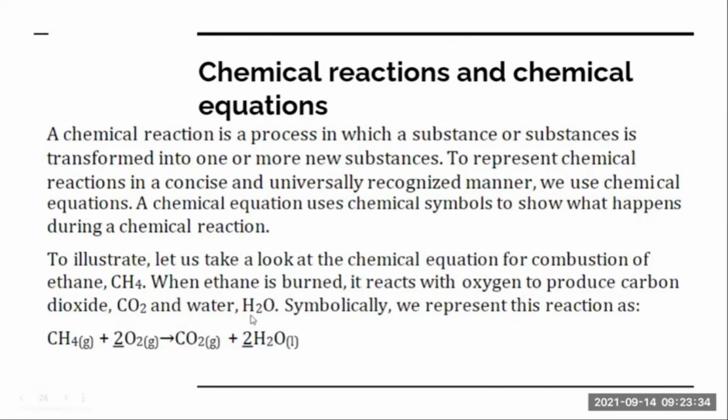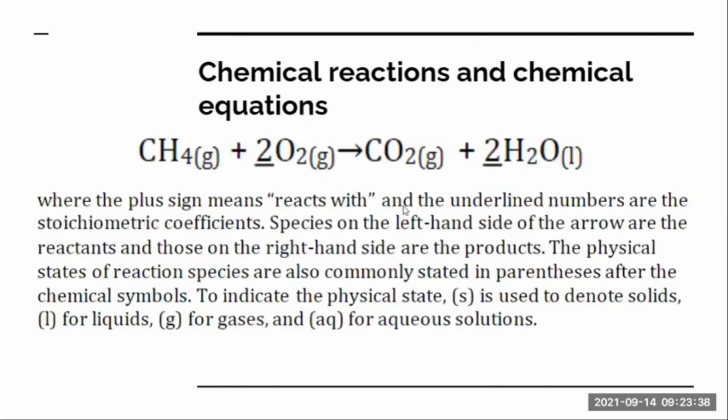And then water. In this case, there is water because of the nature of ethane. Okay. The plus sign means reacts with. Okay. And then the underlined numbers are the stoichiometric coefficients.